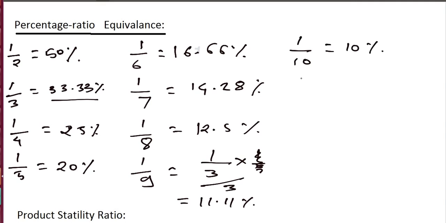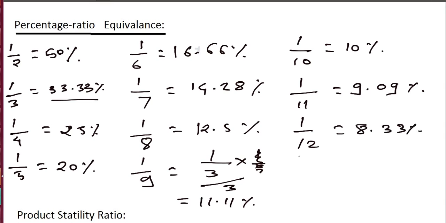Now 1/10 is equal to 10%. 1/11 is equal to 9.09%. 1/12 is half of 1/6. 1/6 is 16.66%, so 1/12 is 8.33%. 1/13, you need to remember, is 7.69%. 1/14 is half of 1/7, that is 7.14%.